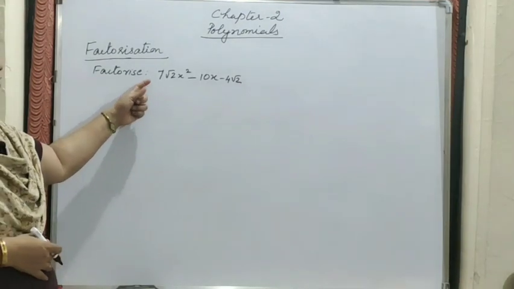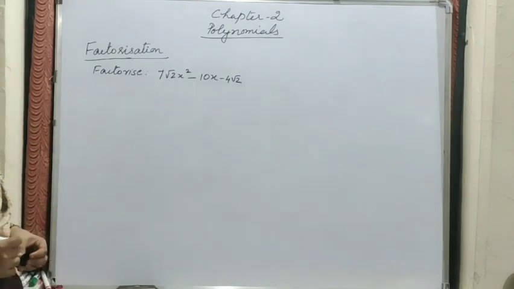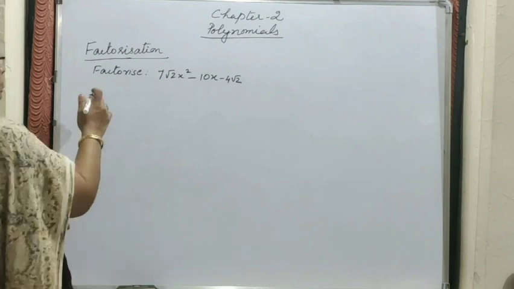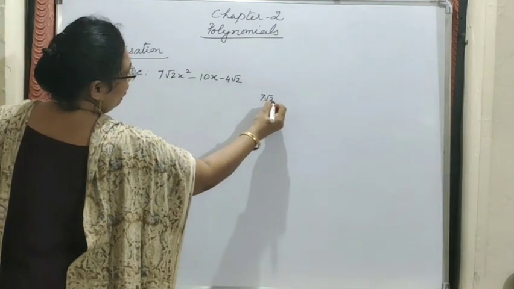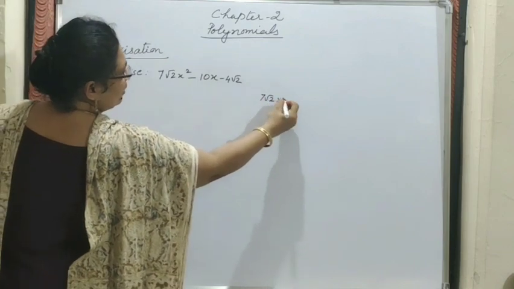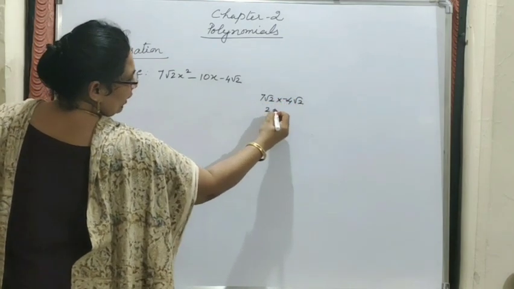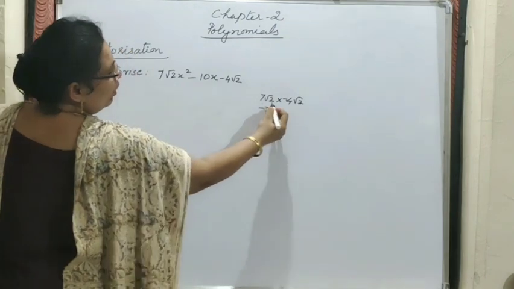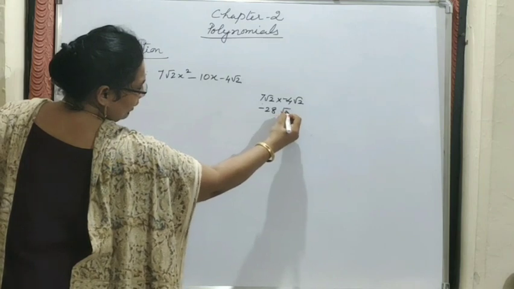So here the next question is factorize 7 root 2 x square minus 10x minus 4 root 2. Now we have to take the coefficient of x square, that is 7 root 2, to be multiplied with the minus 4 root 2, right? So 7 into 4, 28 with minus sign, root 2 into root 2, that means 2 only. Now I can write it directly, I hope.